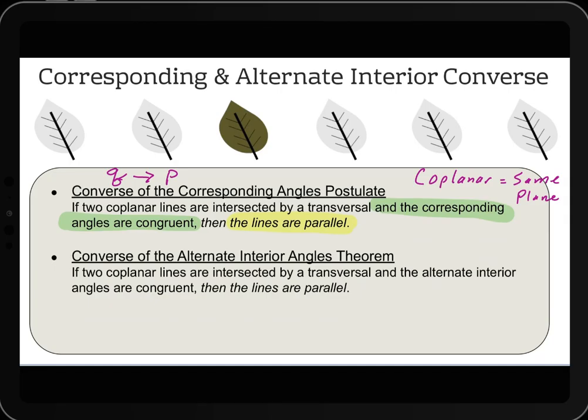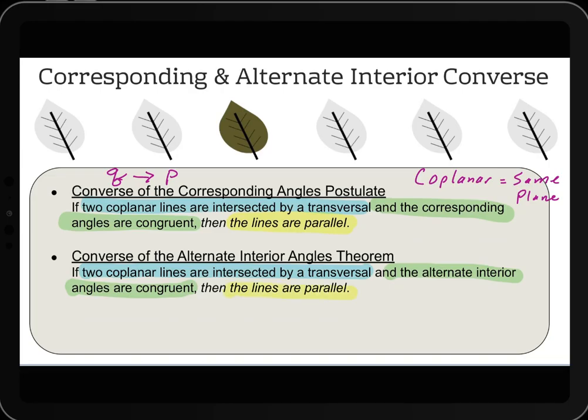So that being said, all of these converses are going to be worded in the same exact way. The hypothesis that you're going to see, if I go ahead and highlight that now, is going to end up being the same thing for each of these. The one thing that's different, however, is that the alternate interior angle theorem is now establishing this as the hypothesis as opposed to corresponding, and then of course we end with the same result, right?